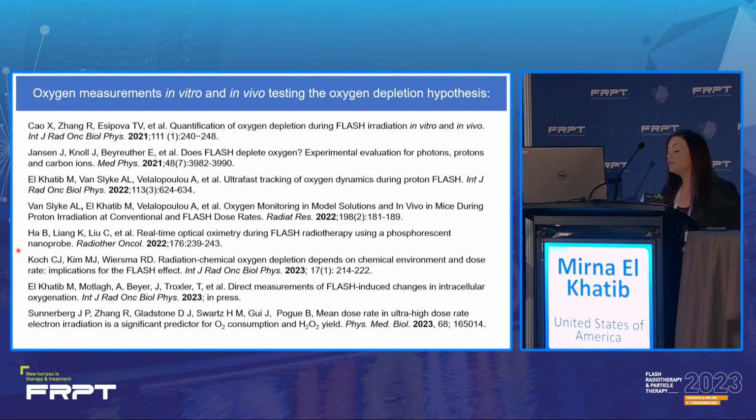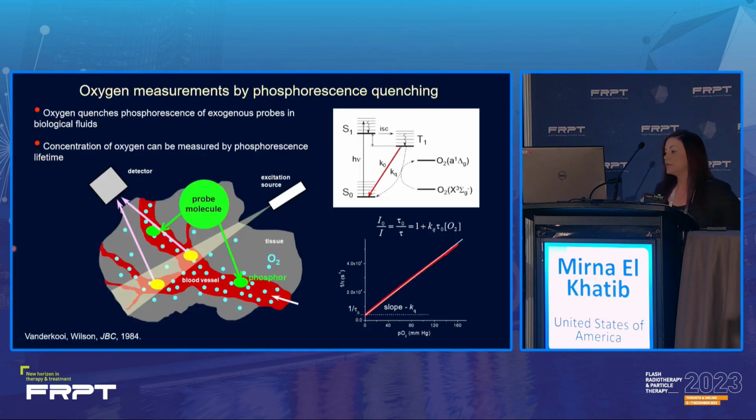There have been several studies to date trying to measure oxygen during radiation. Almost all rely on the phosphorescence quenching method. The phosphorescence quenching method essentially entails that oxygen quenches phosphorescence of molecular probes, such that the concentration of oxygen is measured by way of phosphorescence lifetime.